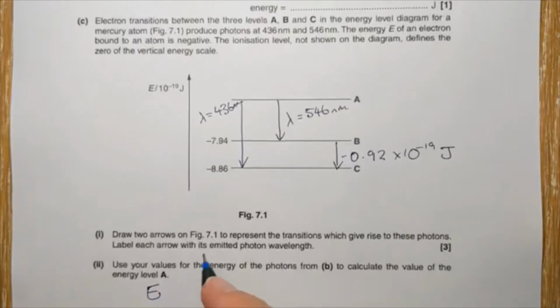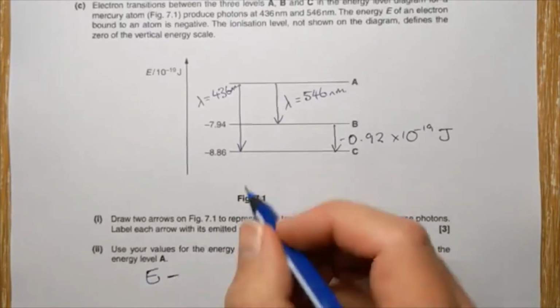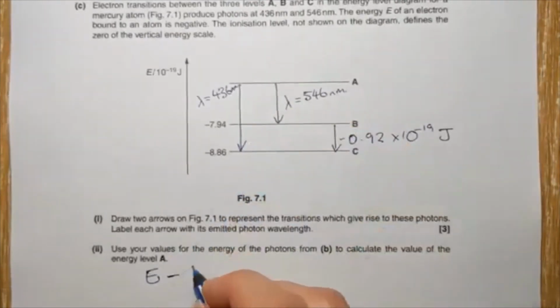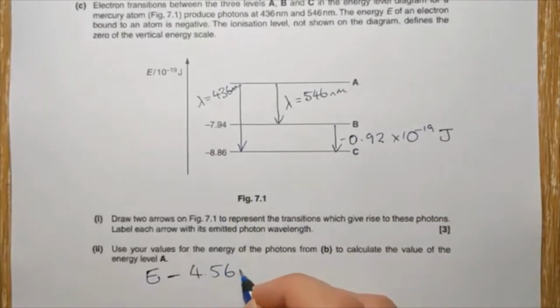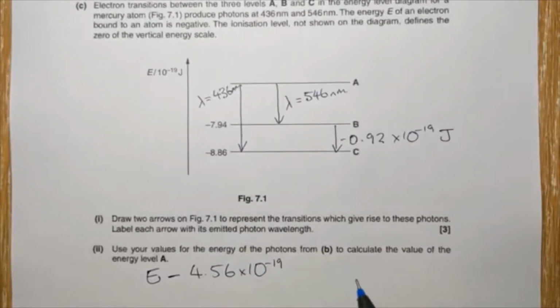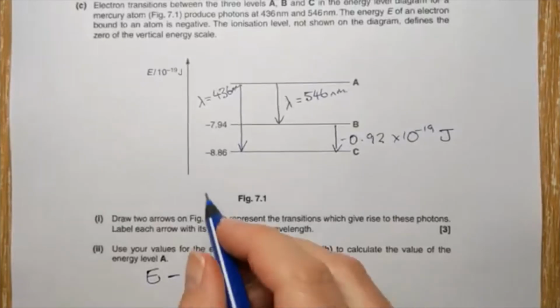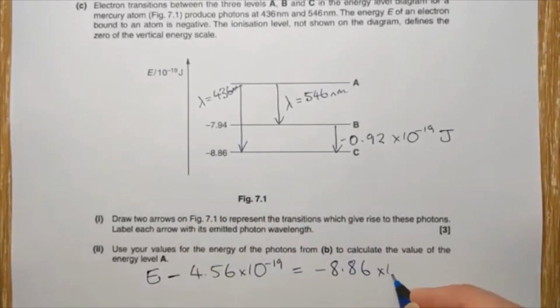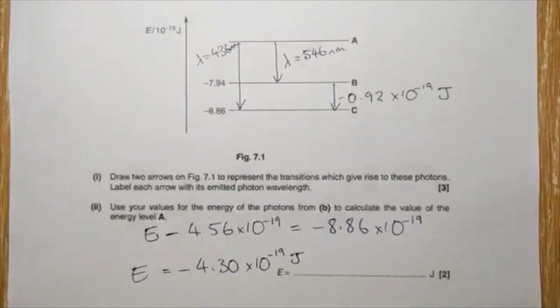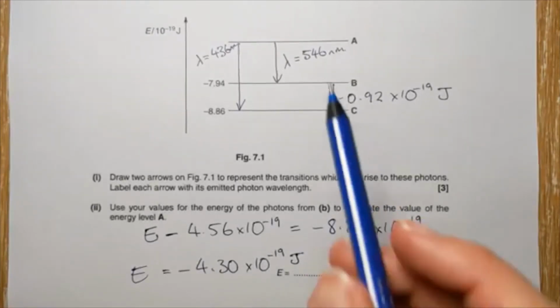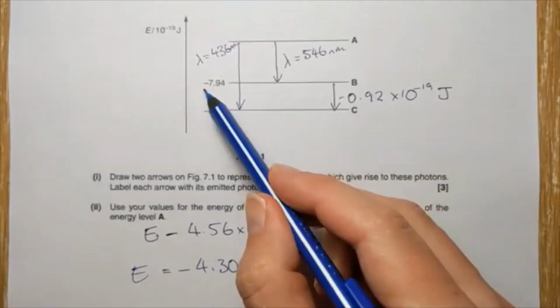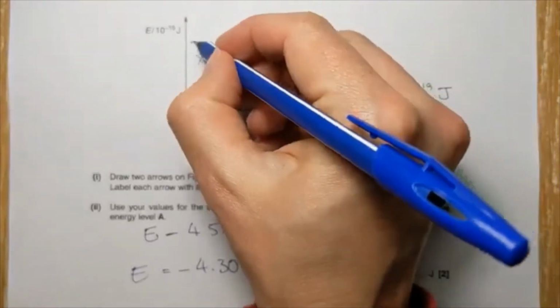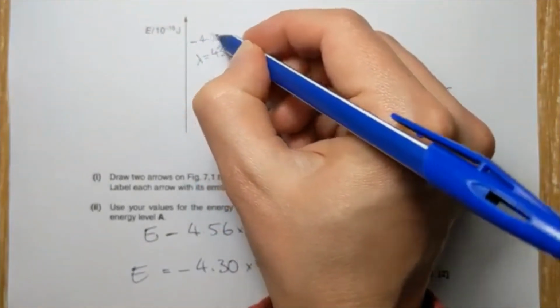So E, take away the energy of that photon, which was 4.56 times 10 to the minus 19 joules, will give you that, minus 8.86 times 10 to the minus 19. And that is going to give you minus 4.30 times 10 to the minus 19 joules. So minus 8.86, minus 7.94, and this one is minus 4.30.